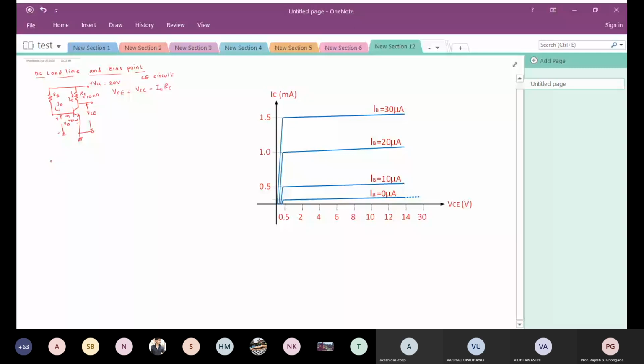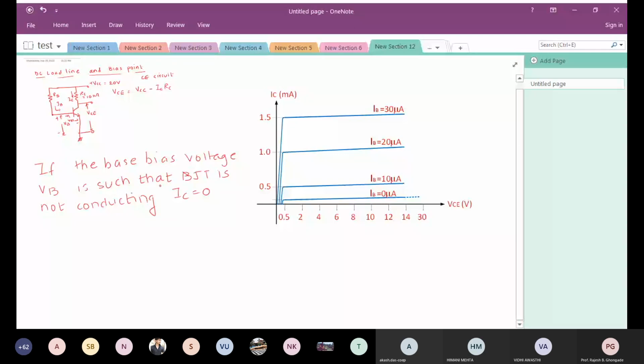Now, if the base bias voltage VB is such that the transistor is not conducting, then I have IC equal to 0.